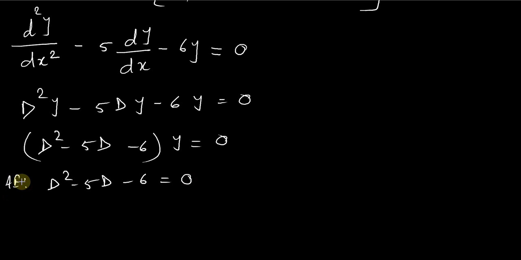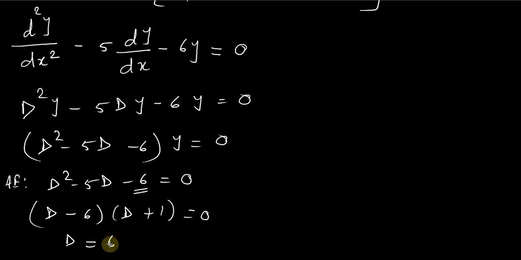Find roots. Roots of this: factors of 6 such that the subtraction is 5. These are 6 and 1. So D minus 6 and D plus 1. So the roots are, for the first bracket 6, and for the second bracket minus 1.